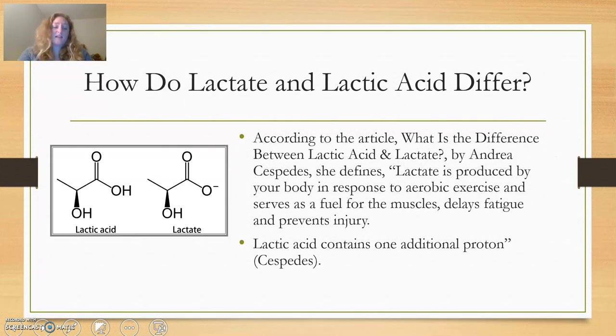As you look at the diagram on the left, lactic acid is the first one, and it has an extra ion compared to lactate. For a lactic acid to become lactate, it has to donate the ion, because they are different chemically.